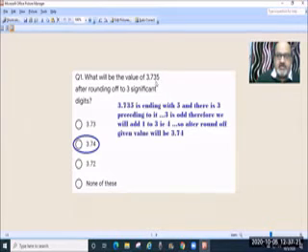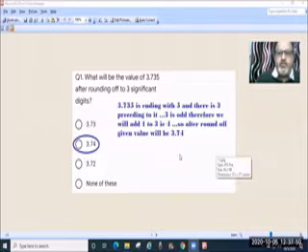If the preceding digit is even, you need not change. So here the preceding digit is 3 and this is odd. So we will add 1 to 3, that is 4. So this 3 will become 4 and 5 will be removed.